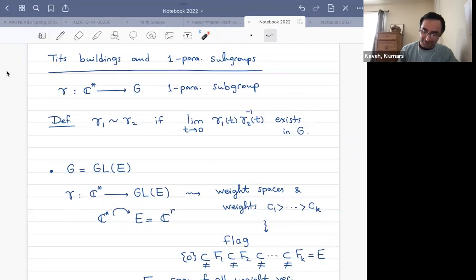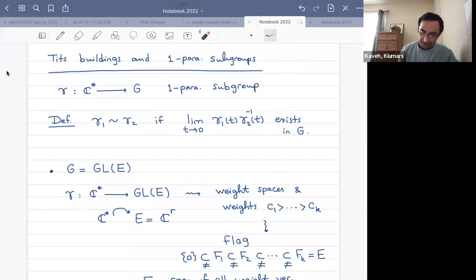We understood Tits buildings in terms of 1 parameter subgroups of G, and I couldn't find it in the literature until recently I realized that Mumford in his geometric invariant theory book has exactly the same description of Tits building. He calls it flag complex, but I couldn't find it in the standard literature.